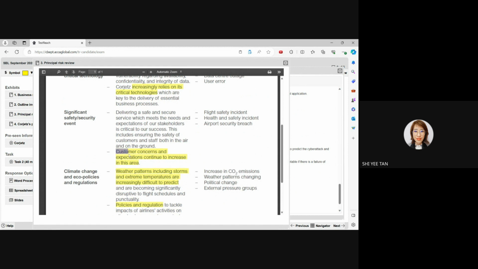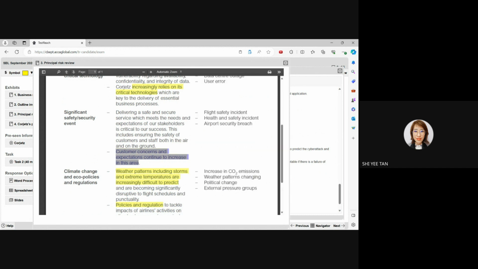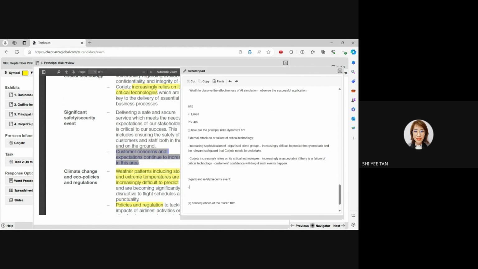Customer concern and expectation continues to increase. So you see the keyword I try to pick is increase, become more. That shows dynamic, you see. Dynamic is like changing, keep changing, very vulnerable. So that actually shows dynamic to me is like this.